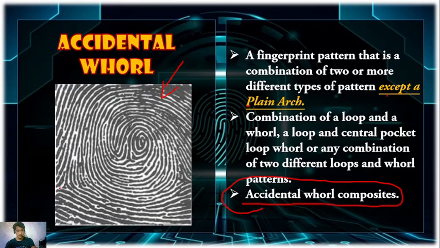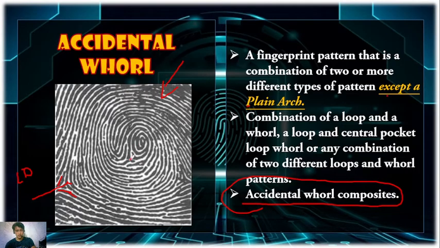Okay, so we have here the first, or the outer I mean on the left side, we have here the first delta. Okay, so where is the point of divergence in here? Okay, so we have here the point of divergence. Okay, and then we can say that this is our delta, the bifurcation in here. So with that, we can say that this is the left delta, or first delta. Okay, and then we have here on this part another delta.